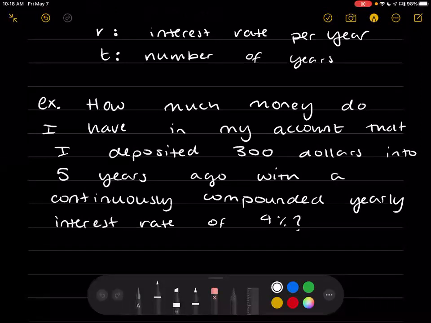So 5 years ago, I put $300 into this savings account, and it's continuously compounded with a yearly interest rate of 4%. And I want to know how much money I have in that account now.